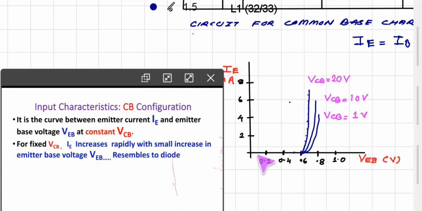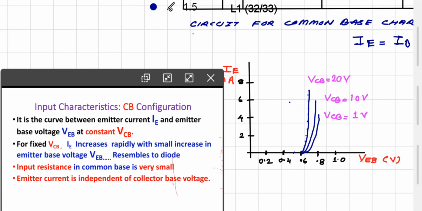Up to knee voltage we don't get IE, but later a very small change in VEB causes a large current change in the emitter base circuit, and it resembles a forward bias diode. So input resistance in common base is very small, as we know that a forward bias diode has very small resistance.